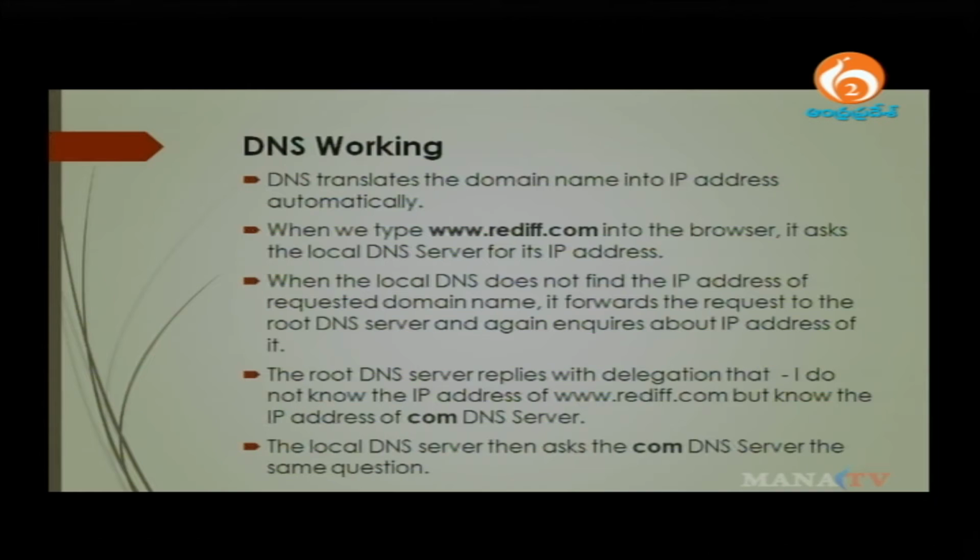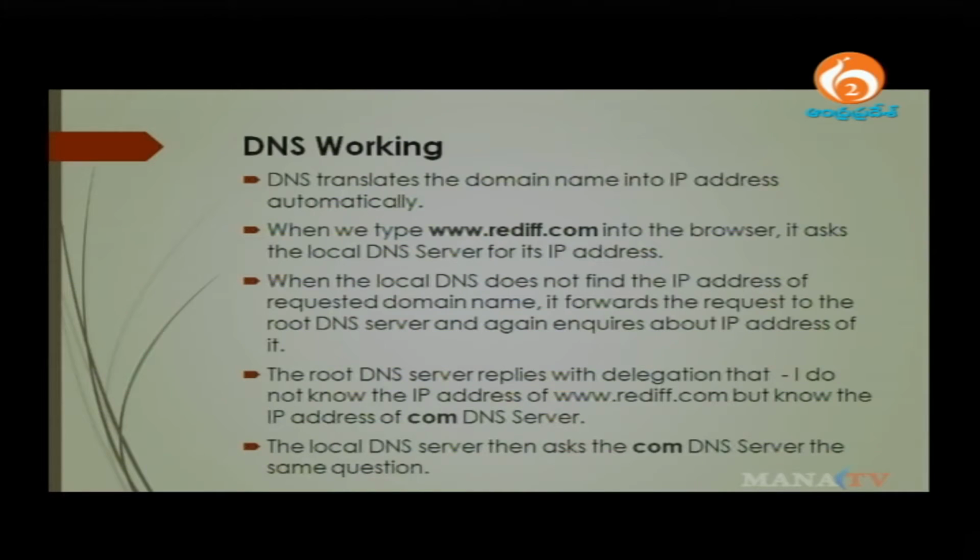When the local DNS server does not find the IP address of the requested domain, it forwards the request to the root DNS server and again inquires about the IP address of it. The local DNS server does not know www.rediff.com, so it will ask another, higher level DNS server about the website, or the domain name, that we asked for.